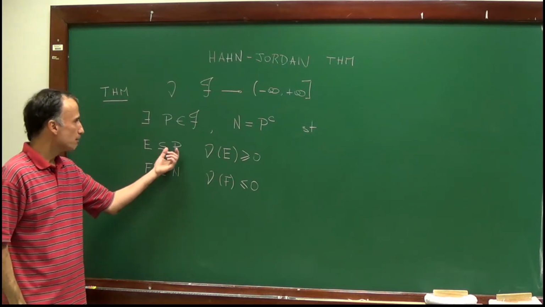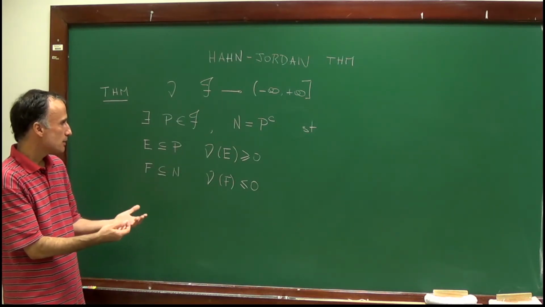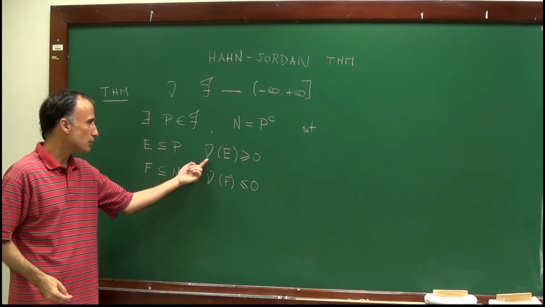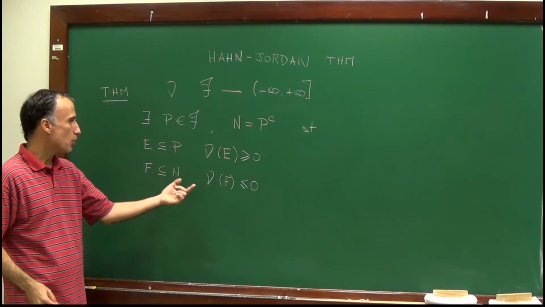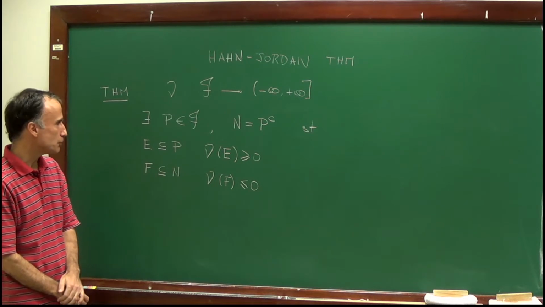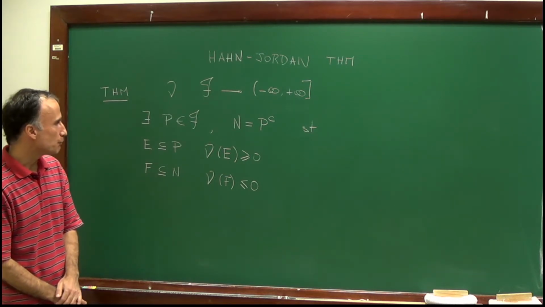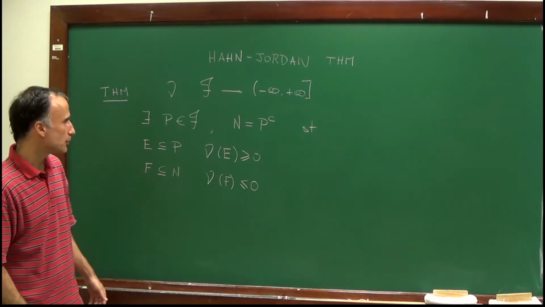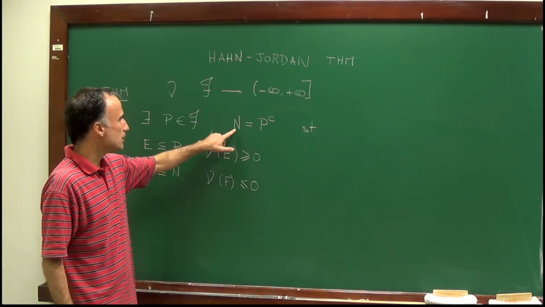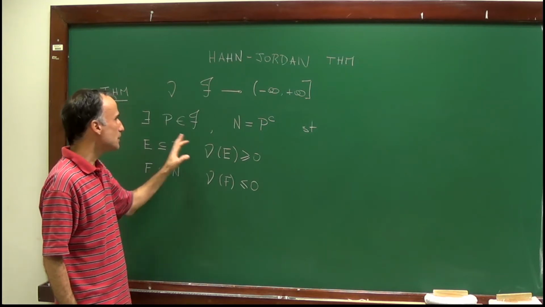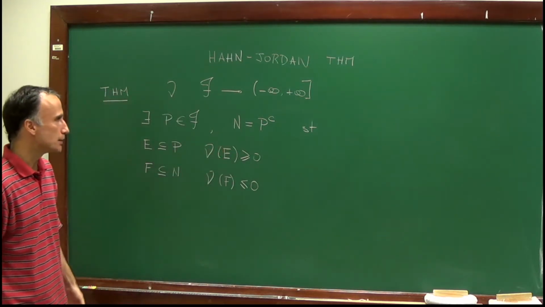So P concentrates all the positive part of nu, and N concentrates all the negative parts of nu. So this is called the Hahn Decomposition, and I will give you an example to illustrate the fact that these sets P and N are not unique.